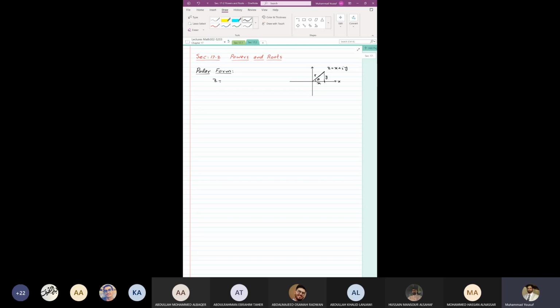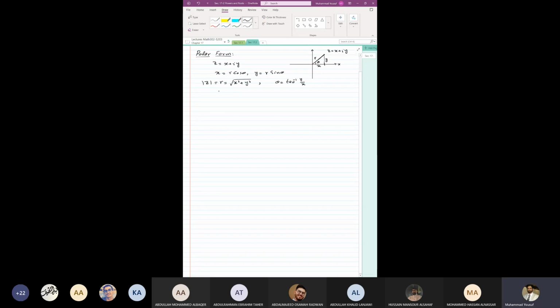We have z equal to x plus iy, then x is r times cosine theta and y is r times sine theta, where we need to remember that r is the distance of the point from the origin, that is, r is equal to the square root of x squared plus y squared, which is equal to the modulus of z, and theta is tan inverse of y over x, tan inverse of the imaginary part divided by the real part.